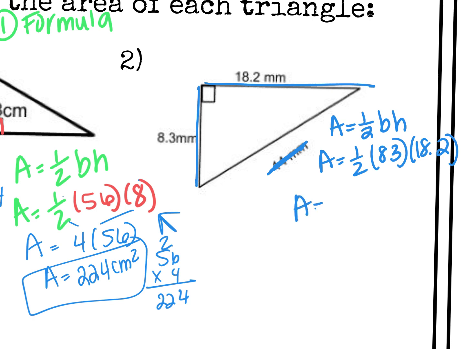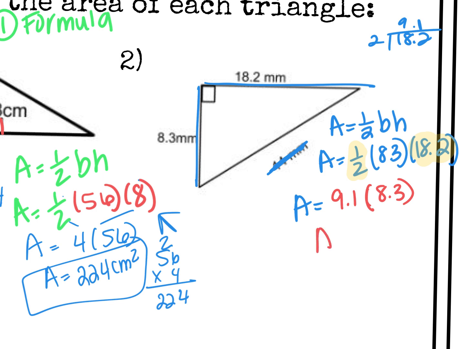Now the area, I'm going to take half of 18.2. Now if you take half of something, remember that's really the same thing as dividing it by 2. So if I take half of that number, I'm going to get 9.1, and bring that 8.3 down.